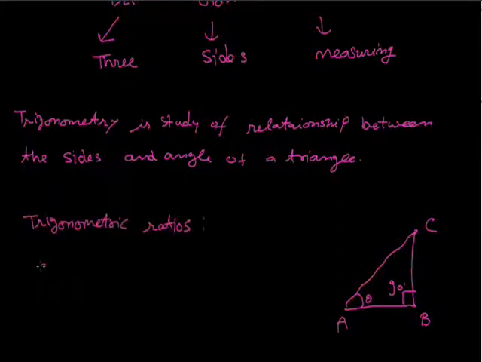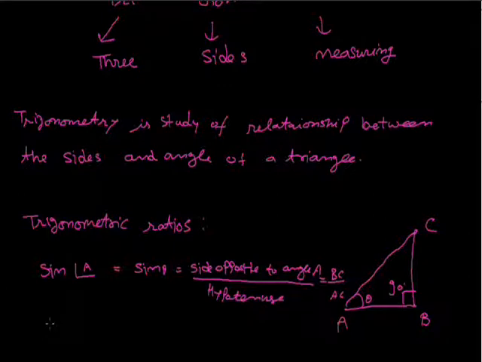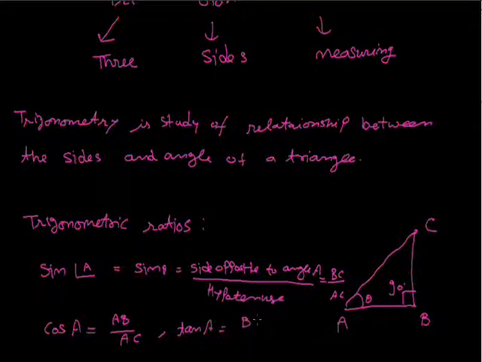First, sine of angle A, or sine theta, equal to side opposite to angle A upon hypotenuse, equal to BC upon AC. Again cos A equal to AB upon AC and tan A equal to BC upon AB.